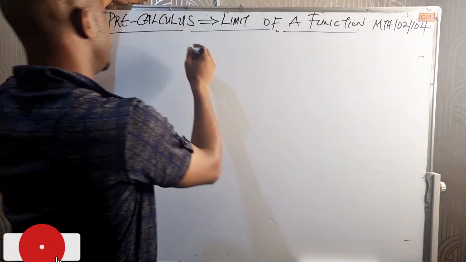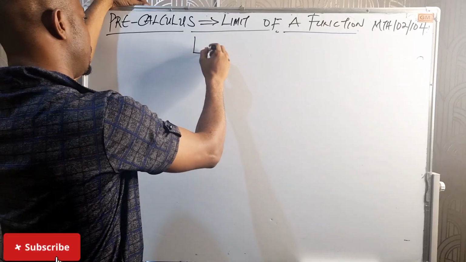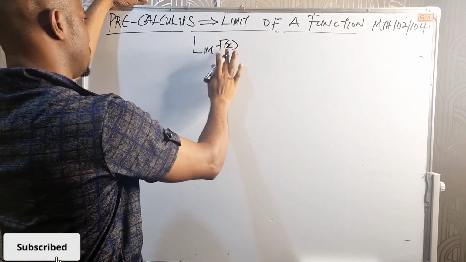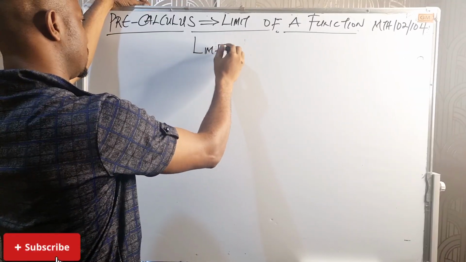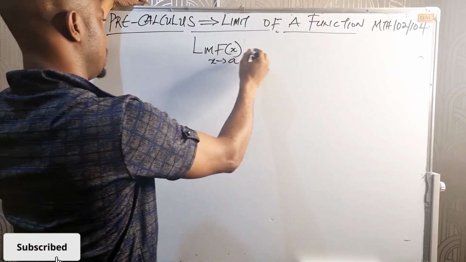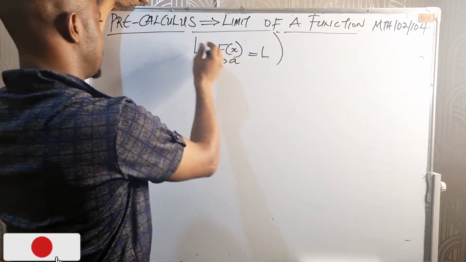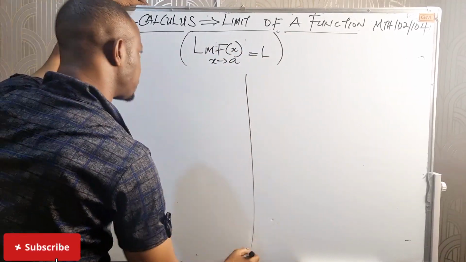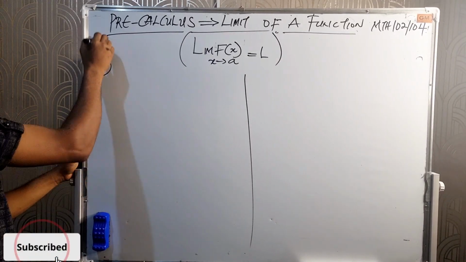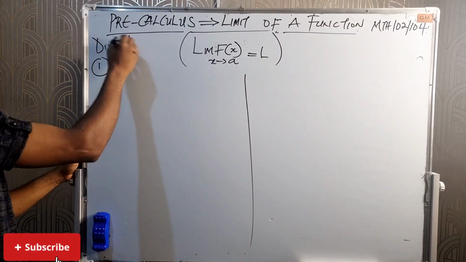We already know that lim f of x as x is approaching a is equal to L. Let's take note of this, very important. Example 1, under direct substitution. We look at direct substitution.